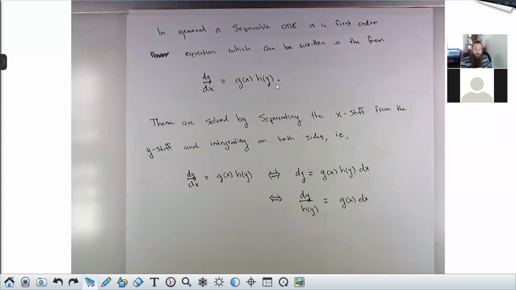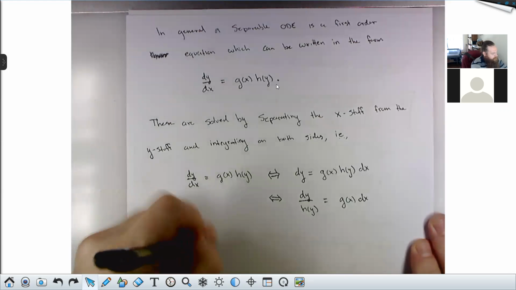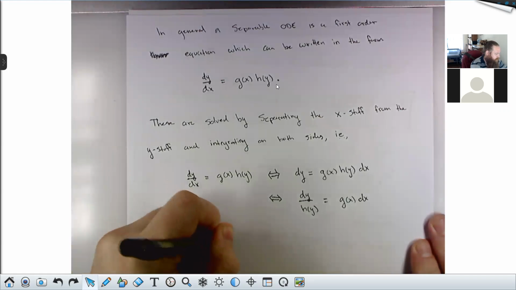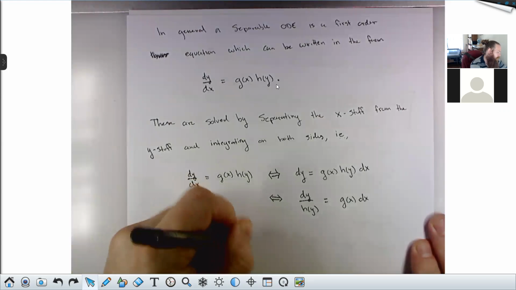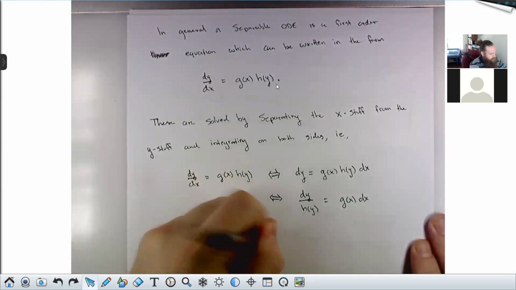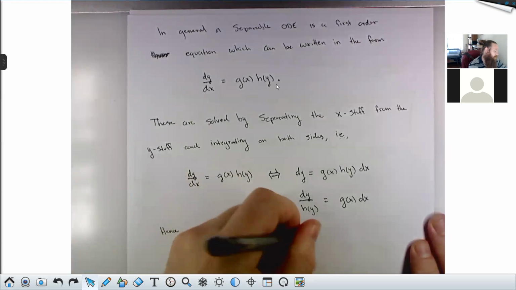And now the left-hand side has all the y stuff. The right-hand side has all the x stuff. So I can solve the ODE by integrating on both sides. So hence, the integral of 1 over h of y dy, that's dy over h of y, I'm just going to write it like that, equals the integral of g of x dx.